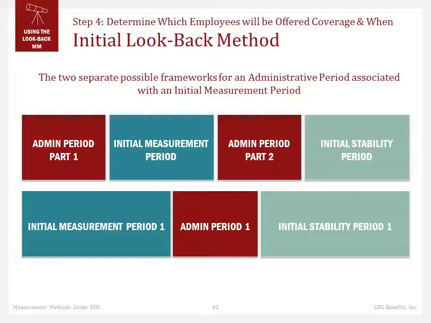The split is just that part 1 of the administrative period is before the initial measurement period starts, and part 2 of the administrative period is sandwiched in between like normal. Or you can have your normal one, which is just 1 administrative period that's not split and it's in between. But that assumes that you are starting your initial measurement period on the day each individual employee is hired.